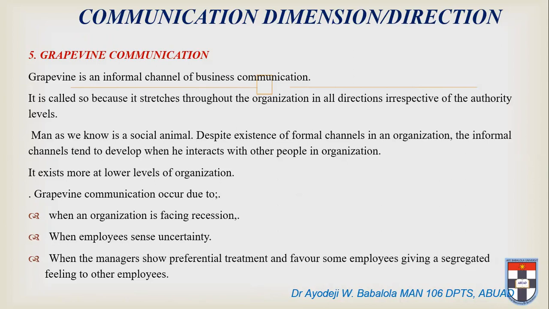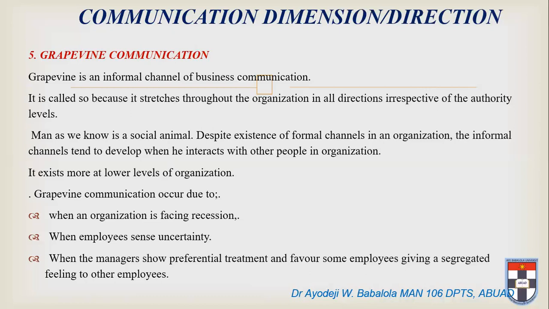Also, a factory worker can divulge information to superiors, either to gain favor or otherwise, whether on the same level, diagonal, lateral, or from bottom to top. You see, it is a free flow of information. That is grapevine communication: a free flow of information in all directions, from all sources.